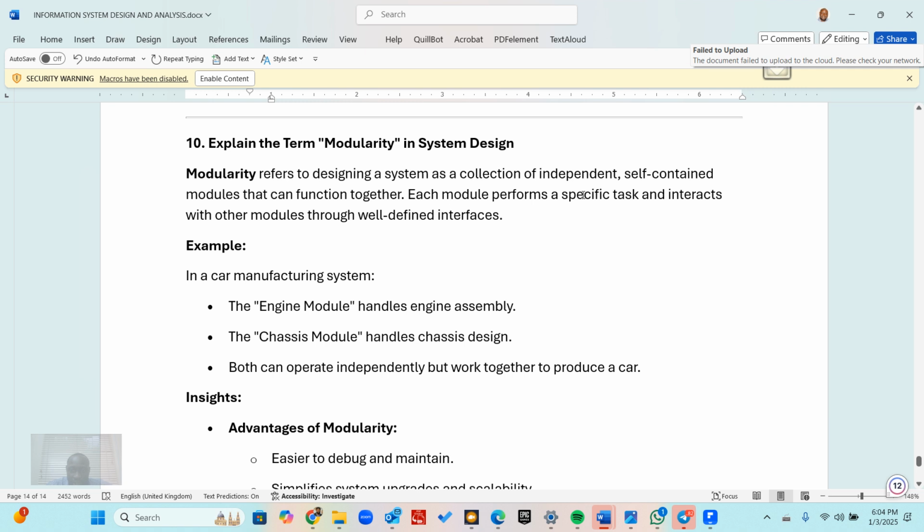Each module performs a specific task and interacts with the other modules through well-defined interfaces. In a car manufacturing system, the engine module handles engine assembly and the chassis module handles the chassis design, and both can operate independently but work together to produce a car.